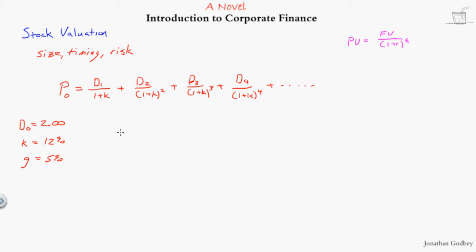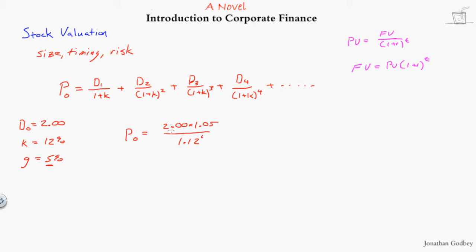So now what I have, P0 is equal to D1, which is 2 times 1 plus G, and pause right there for just a second. Let me put this, divided by 1.12 to the first. This is the future value equation. Future value equals present value times 1 plus R to the T. So I'm saying that the dividends grow at 5% every year.